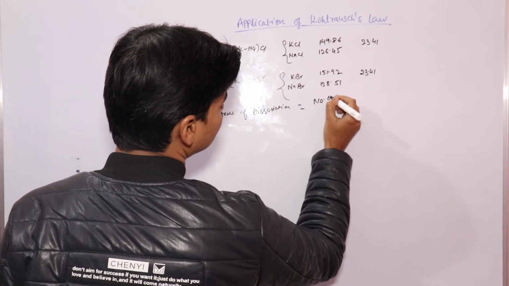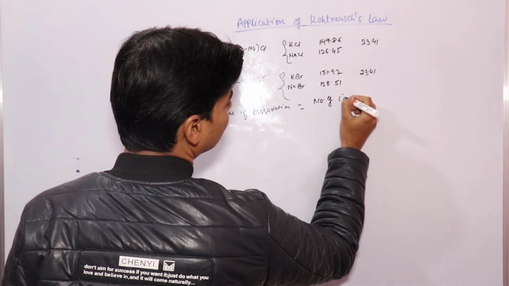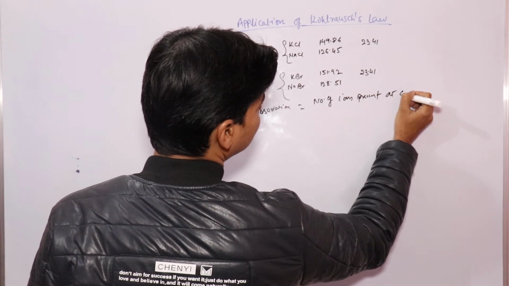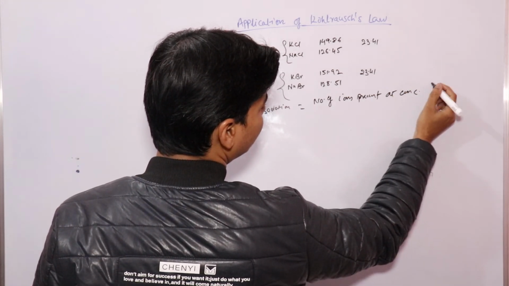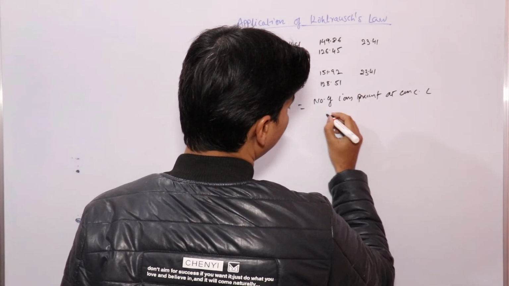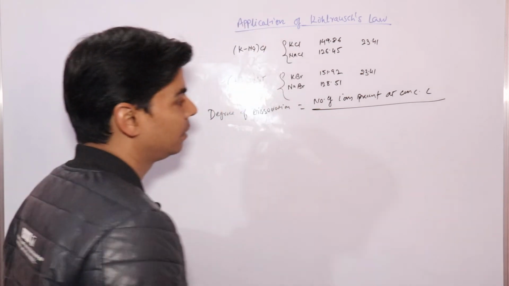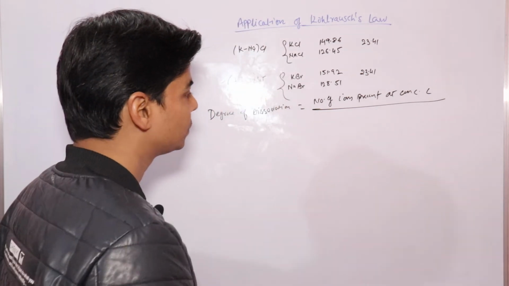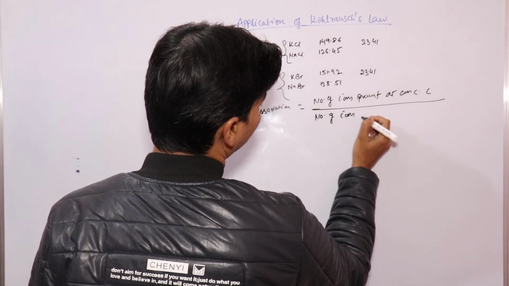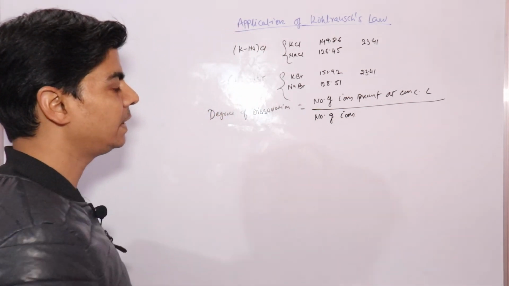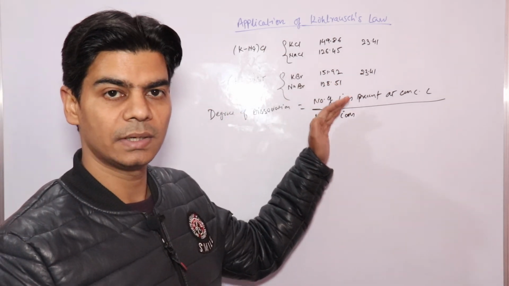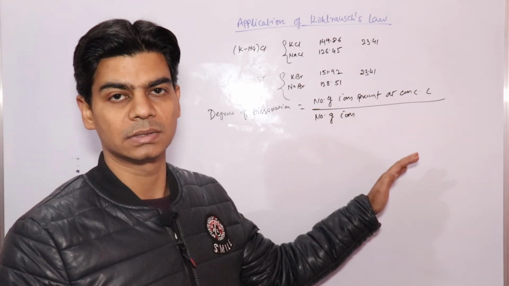Since we are dealing with concentration and dilution, here we will write the number of ions present at concentration C divided by the total number of ions. Normally the formula for degree of dissociation is the number of ions dissociated divided by the total number of ions, right?